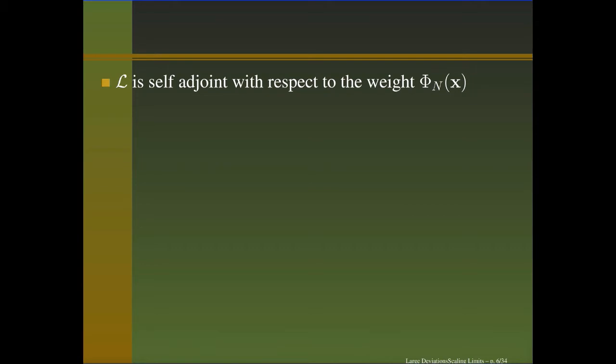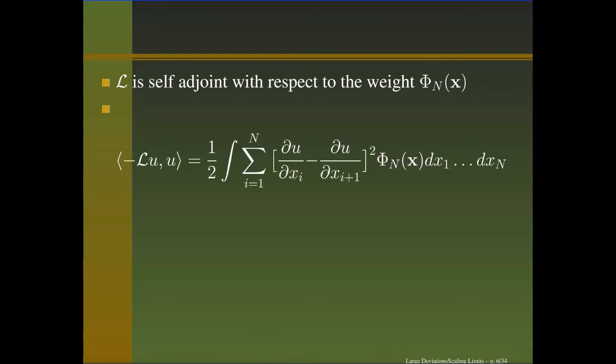So L is seen to be a self-adjoint operator with respect to the weight Phi N, and it has a Dirichlet form, which resembles the usual Dirichlet form, except that the role of the gradient is played by these successive differences. You can always assume, by adding a constant, that phi is normalized, so that Phi N is a probability distribution.